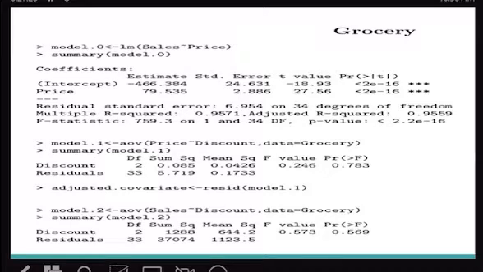That is one of the tests to investigate whether inclusion of the covariate in my model is justified. Now, if you take a look at the price and discount, why am I investigating them? Price is the covariate, more or less an explanatory variable, and discount is another explanatory variable, but it's categorical.